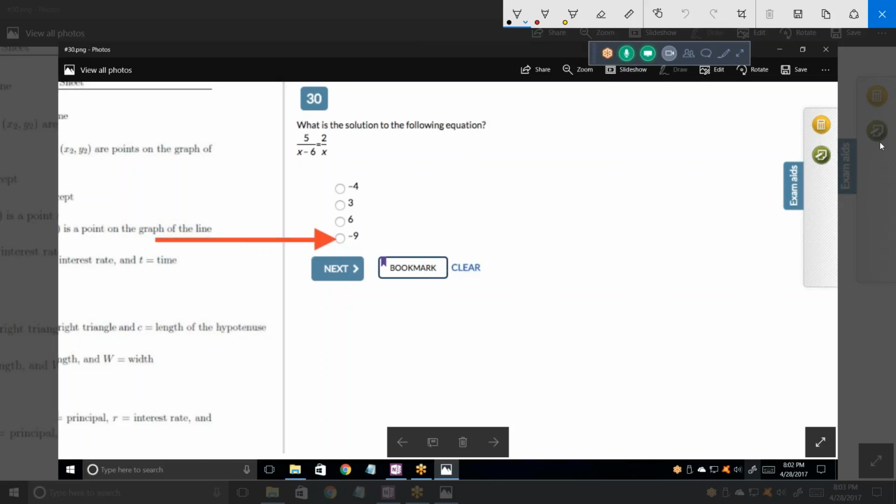Well, if I multiply both sides by x, I get what? 10x and... Hold on. Multiply just that. You get 5x over x minus 6 equals 2. Correct?